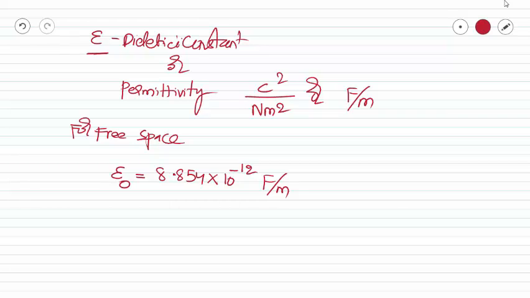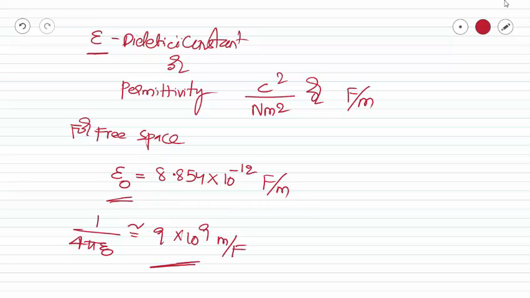Of course, you will get this value in your calculator also, but this is the dielectric constant of free space. While doing problems, most of the time we need to substitute 1 by 4 pi epsilon naught, which is approximately equal to 9 times 10 power 9 meters per farad.